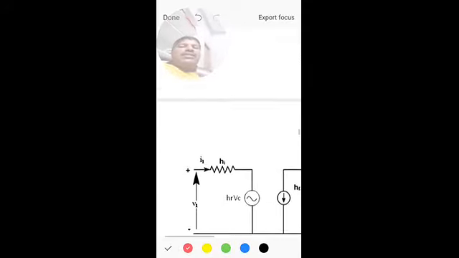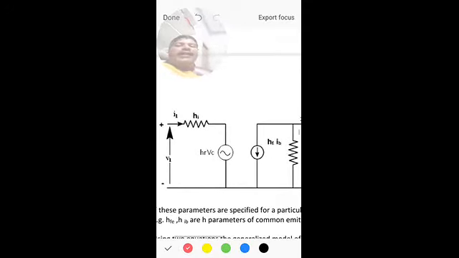Here V1 is nothing but VB. VB is the sum of IB into HI plus HR into VC.